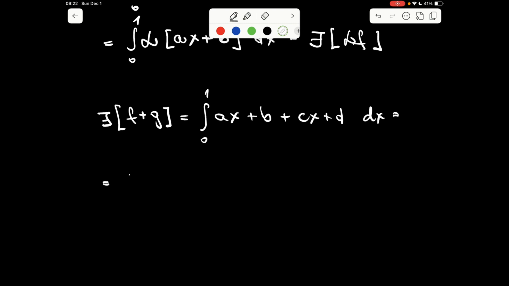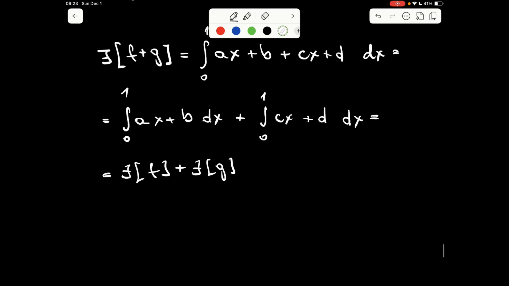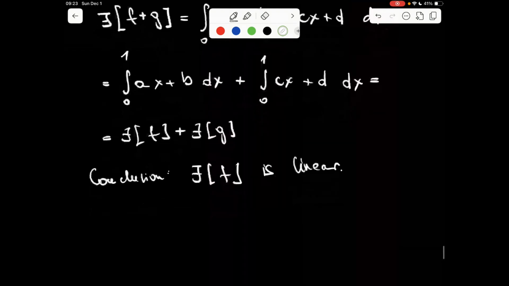Again, using the integral rules familiar from elementary calculus, we can cut the integral into two halves, so we can integrate the two pieces separately, which means that linearity holds again. So, conclusion, the functional is linear. So this is a linear functional.